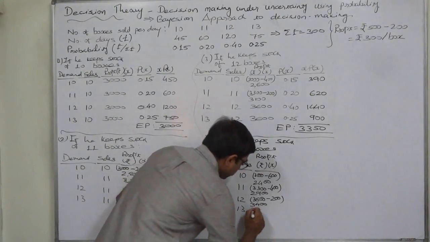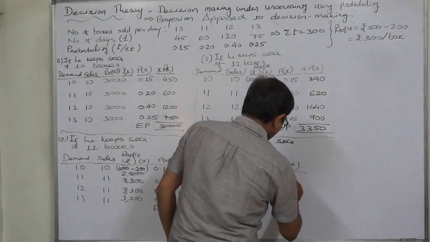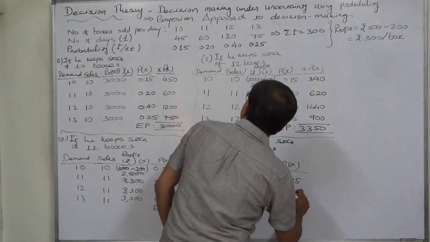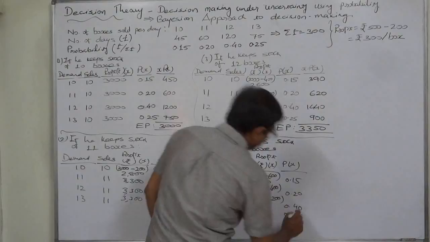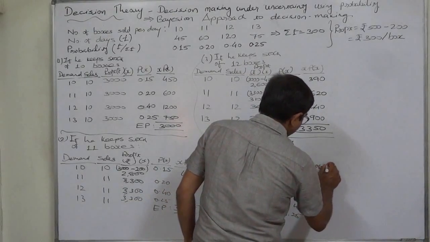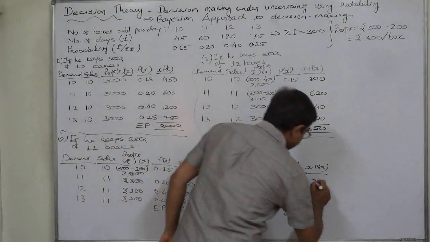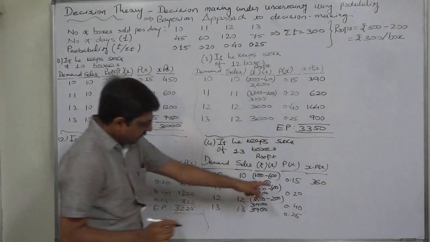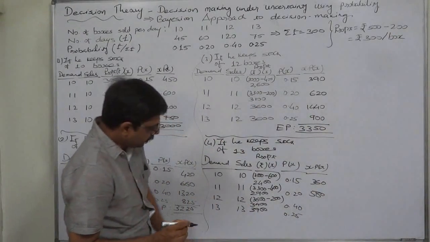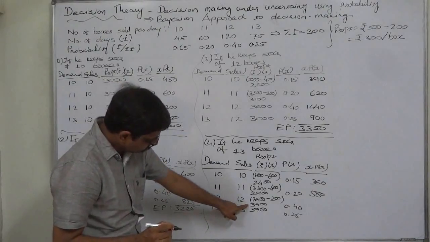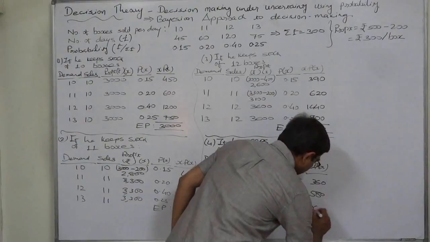13 into 300, 3900. Probability is 0.15, 0.20, 0.4 and 0.25. Let's calculate the expected profit. 2400 into 0.15, 360. 2900 into 0.2, 580. 3400 into 0.4, 1360.